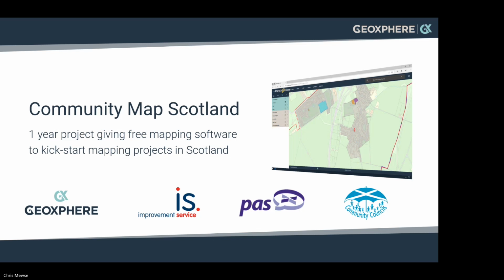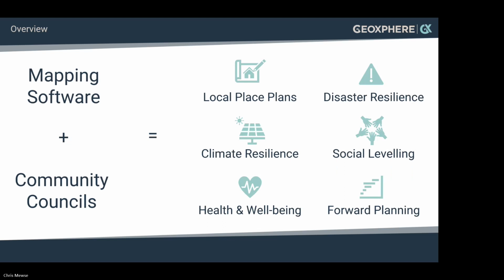We are putting this software out there for free to see how community councils can use it. We've got some inklings of how it can be used based on our experience in our relative industries. And so we believe that taking the mapping software and giving it to community councils can be really good for a number of different projects.